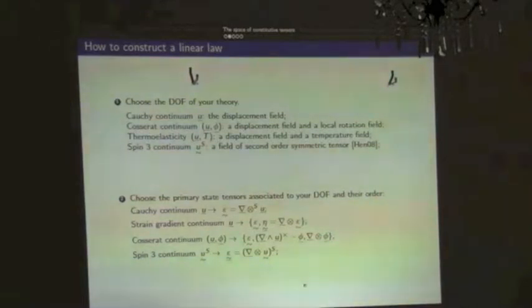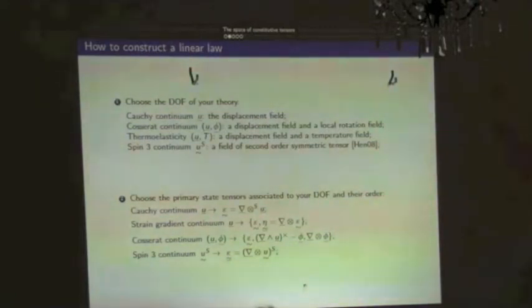In your recipe, the first step is to choose your field theory: what will be the degrees of freedom of your concern? As we saw before, if I want to do classical elasticity, I will just take the displacement field. In the same way, if I want to do strain gradient elasticity, I will take as my first ingredient just the displacement too.